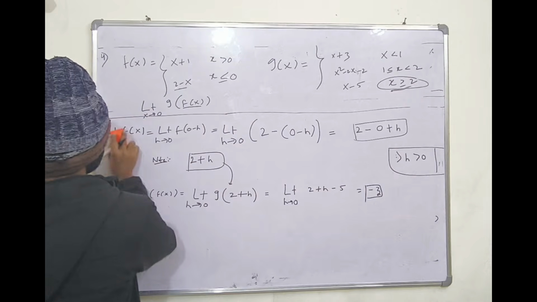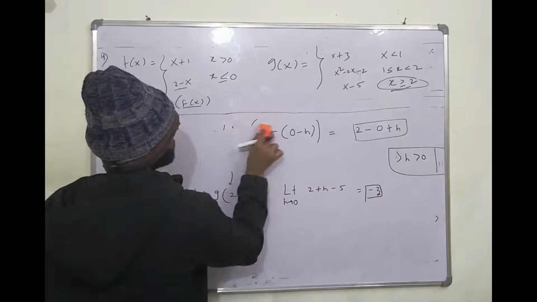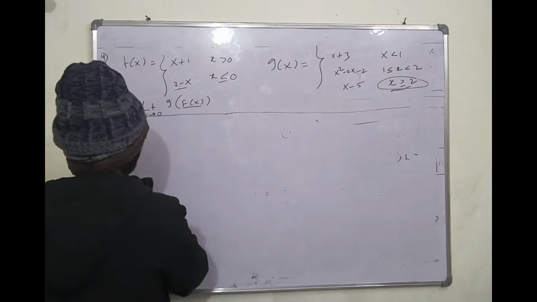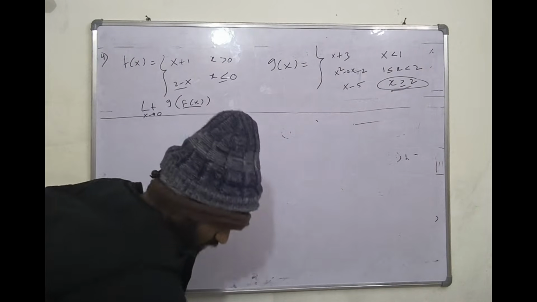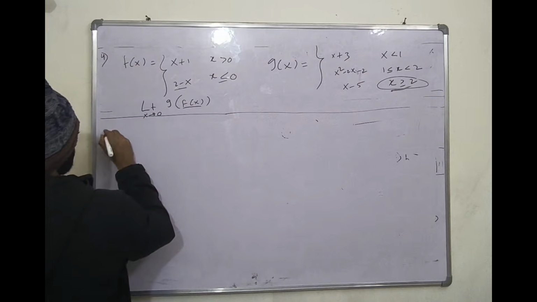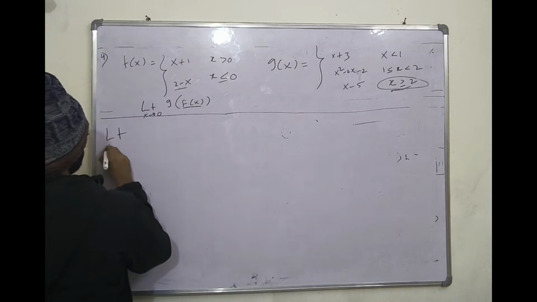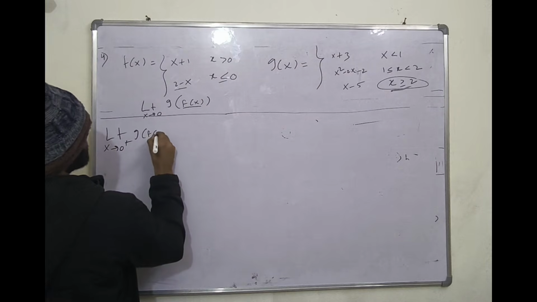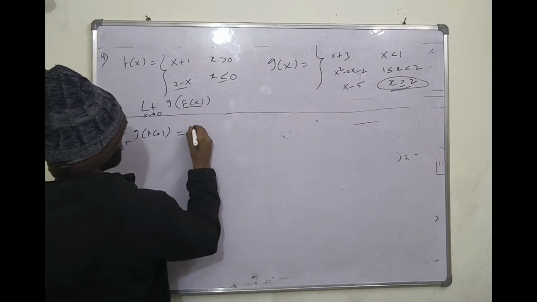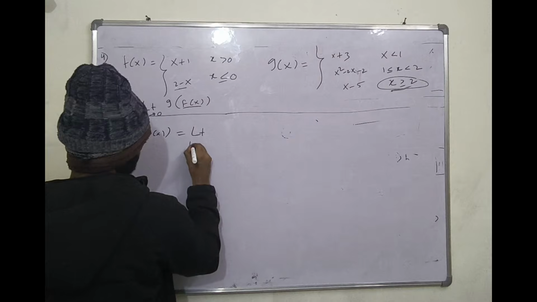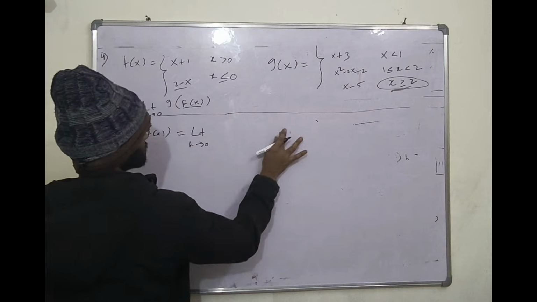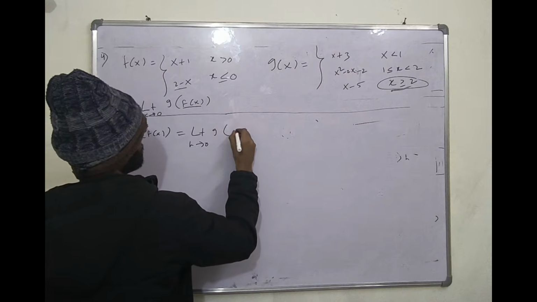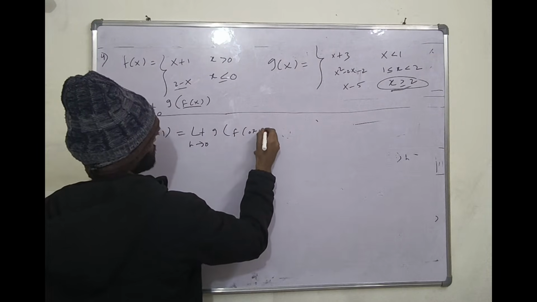Again, let's find the right hand limit. Limit x tends to 0 plus g of f of x equals, similarly, limit h tends to 0 g of f of 0 plus h.